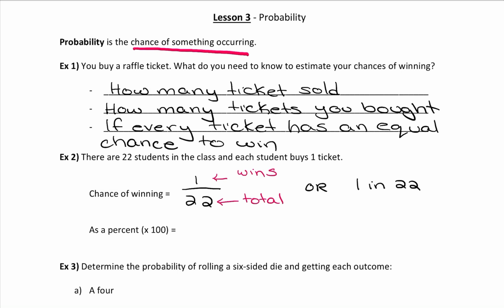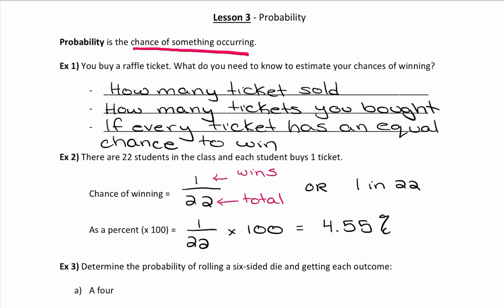So how can I write this as a percent? Well, to take any fraction and turn it to a percent, you're going to multiply by 100. So you're going to take your calculator, you're going to do 1 divided by 22 equals times 100. And we're going to round to 2 decimal places. So you're going to look at the third number always to help you decide what to do with the second number.